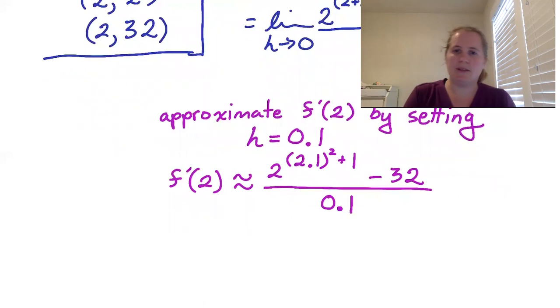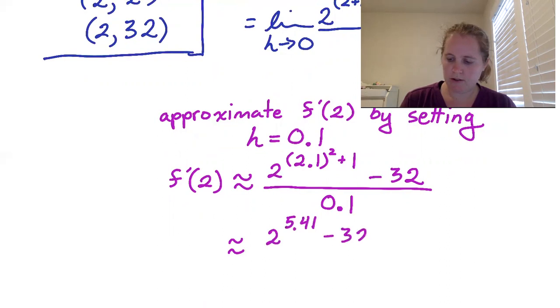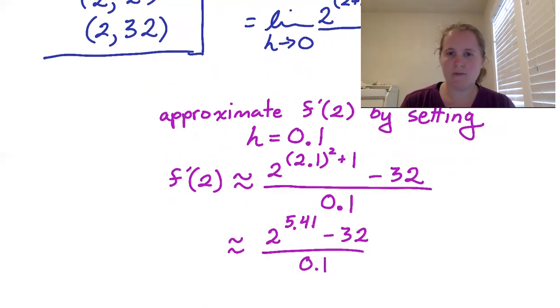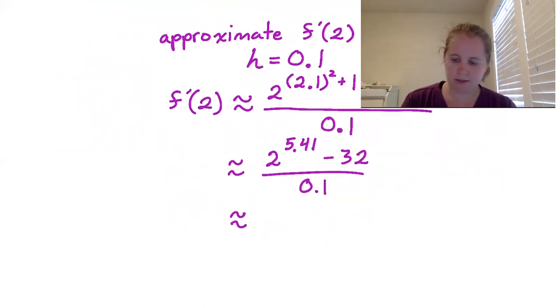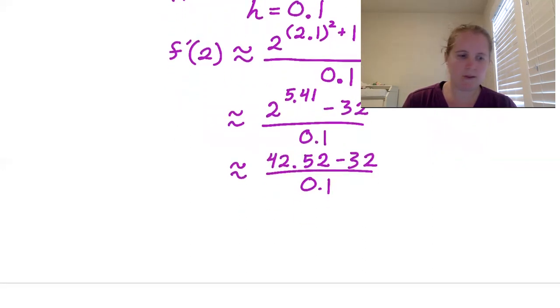So if we do some simplification, this becomes 2 to the 5.41 minus 32 over 0.1, which is approximately 42.52 minus 32 over 0.1, which winds up simplifying to 105.2.